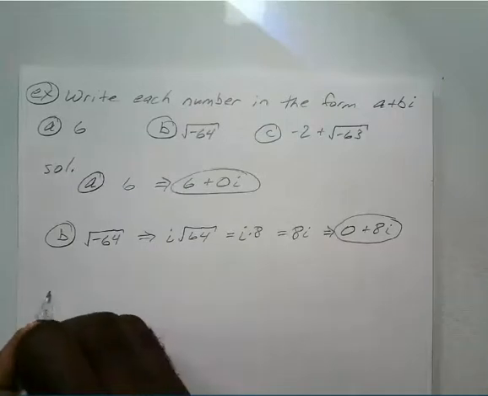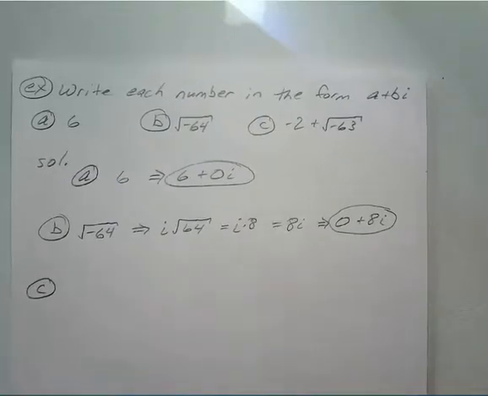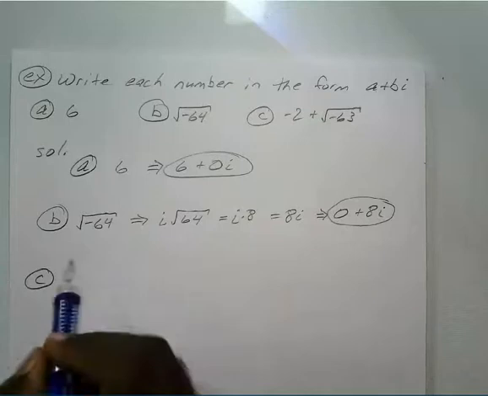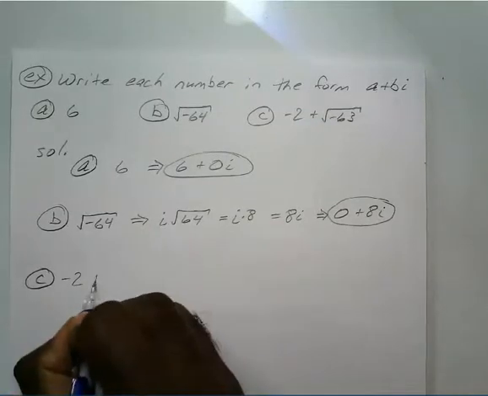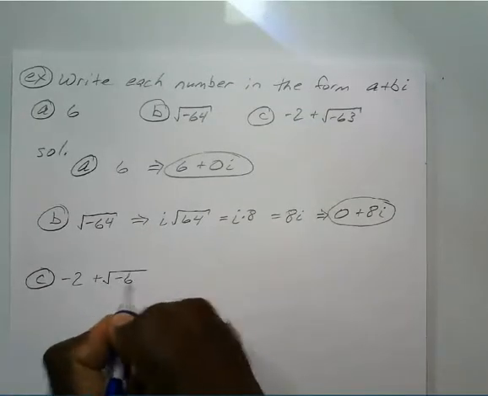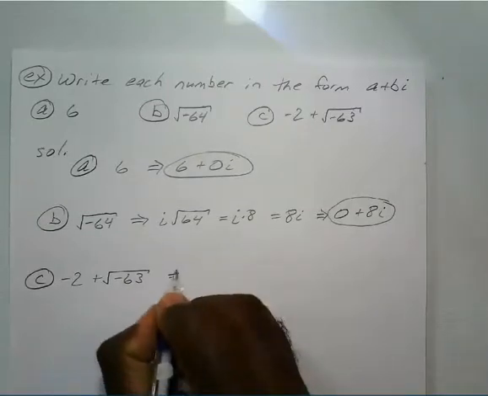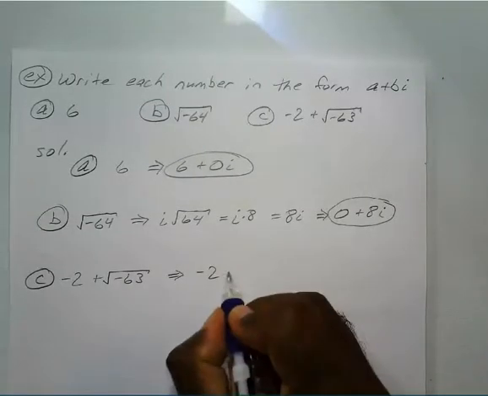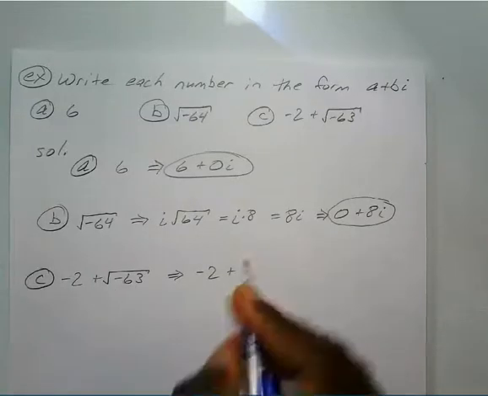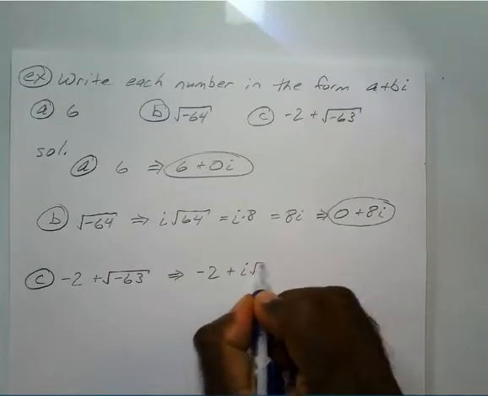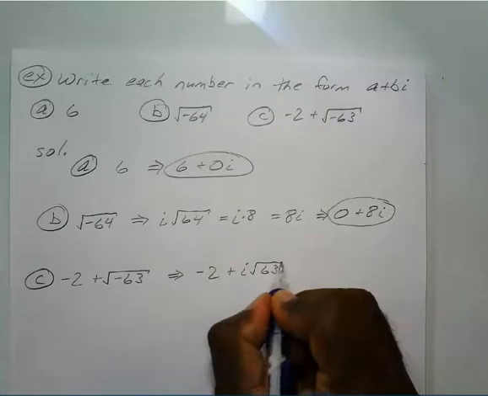Alright, so let's go for problem C, where we have negative 2 plus the square root of negative 63. Okay, now all we have to do is get rid of that square root. So that gives us negative 2 plus, that's a negative, we just make that i times square root of 63.